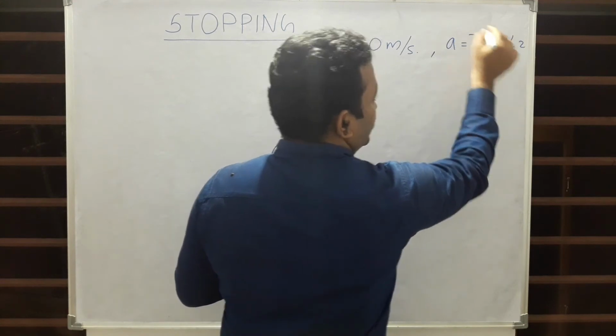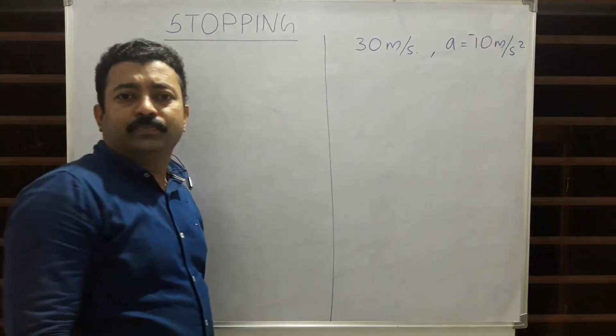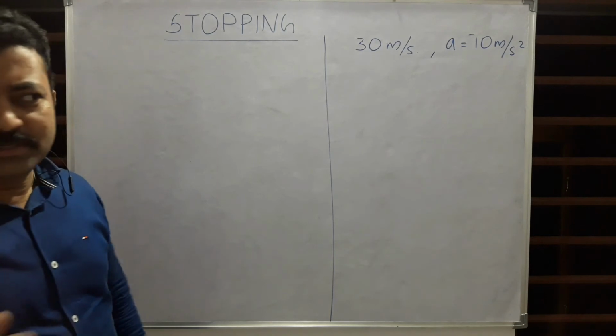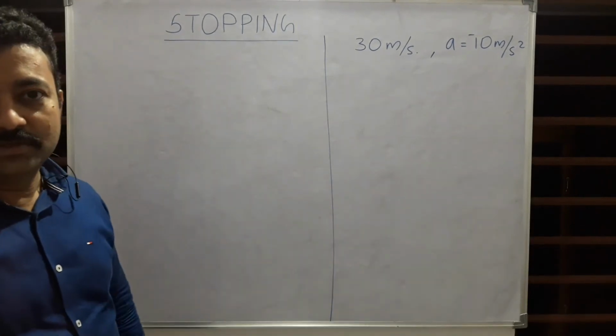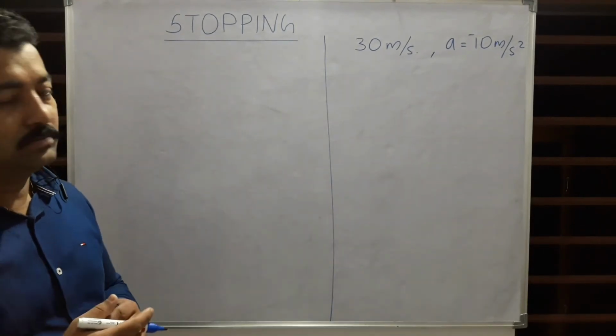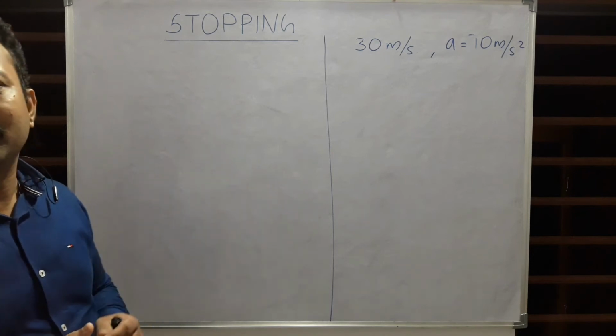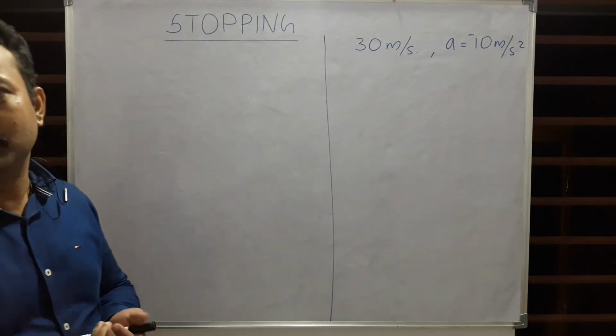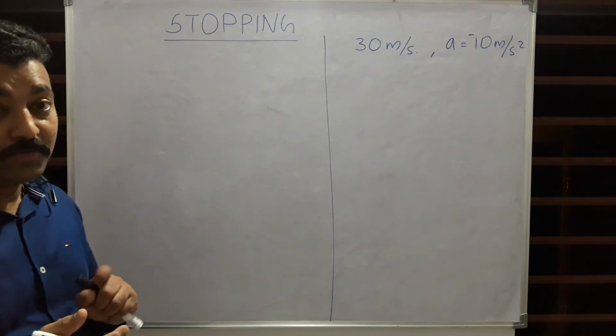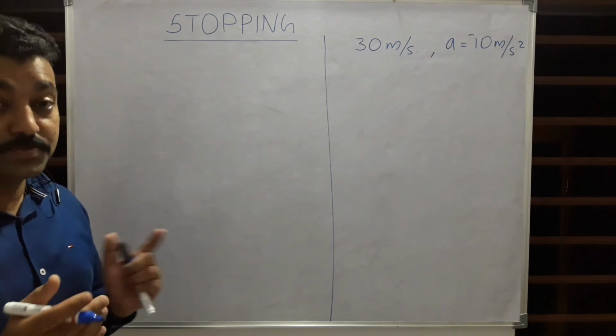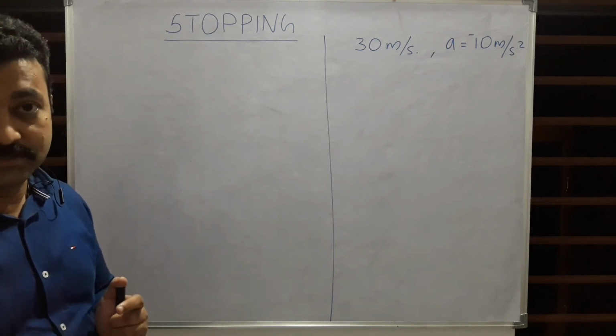It's retardation, so I can put negative. The problem is how much distance the car will take to come to a halt, or how much distance will it cover before it comes to stop. That is a problem of what? Stopping distance. It's a typical problem of stopping distance.